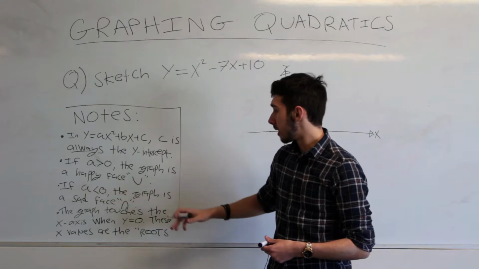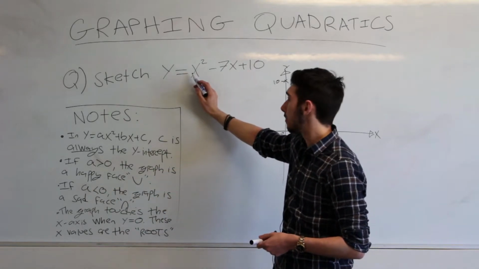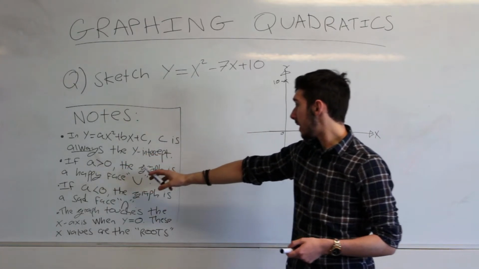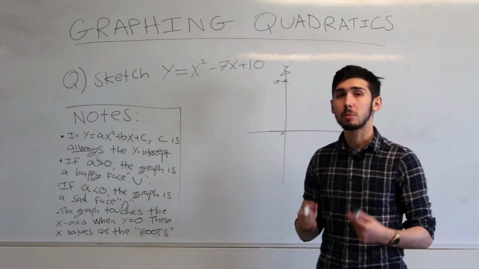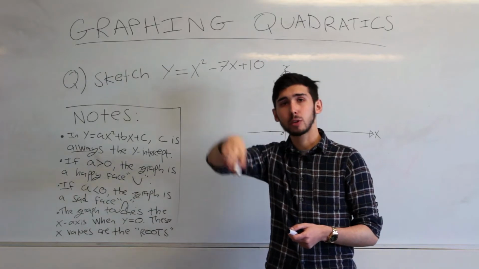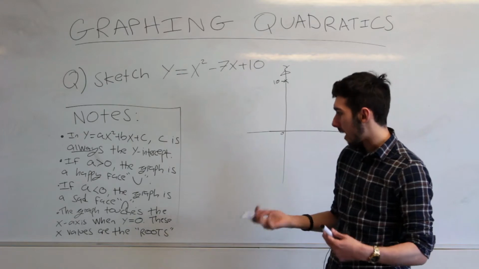The next thing, if a, remember a is going to be what's in front of the x squared term, a in this question is 1. If a is greater than 0, the graph is going to make a happy face. It's going to make a sort of curve that goes upwards like that, downwards and then upwards, like a happy face.